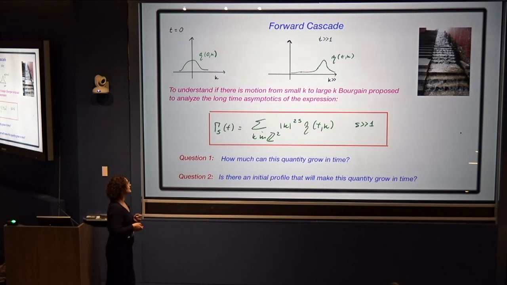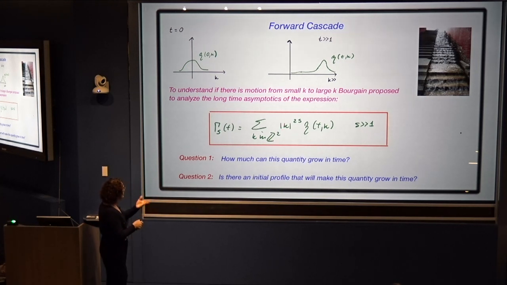But Bourgain taught us that one possible way is the following. If there is a motion from low frequency to high frequency, it will be much more emphasized if we multiply the quantity that we want to track by a coefficient k to the power 2s.